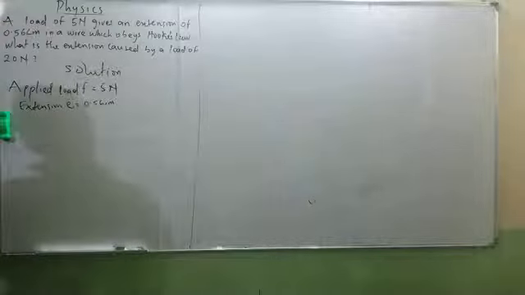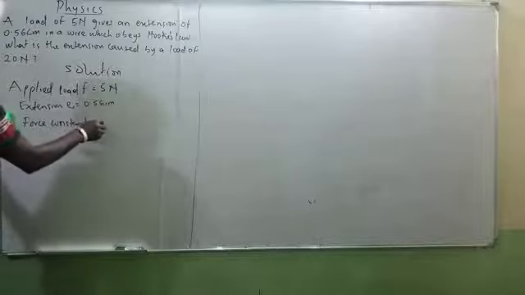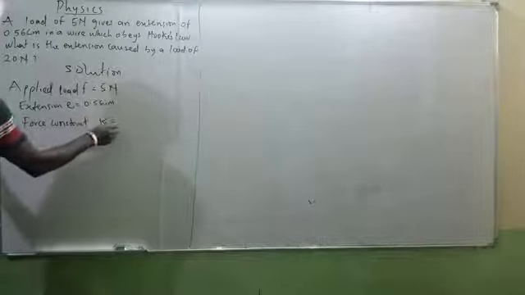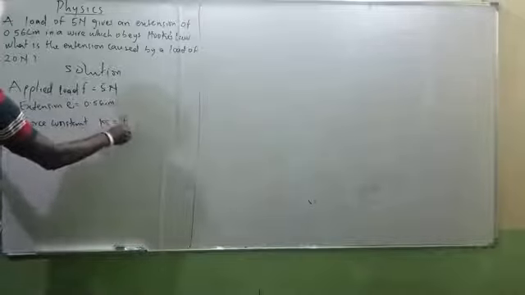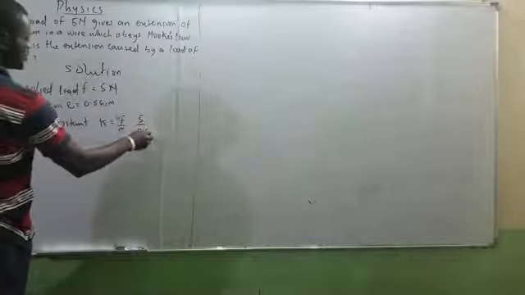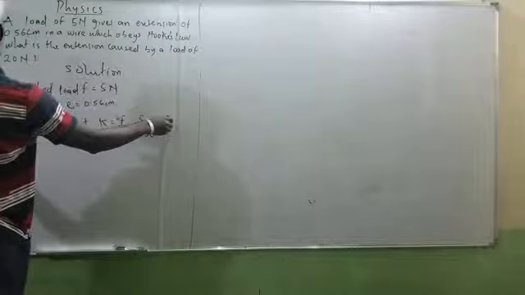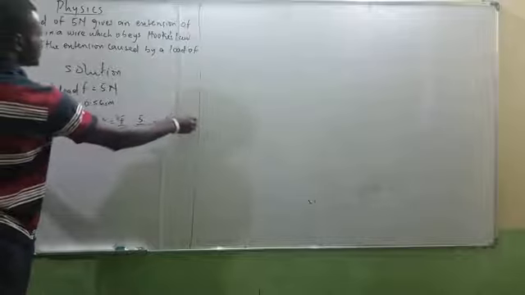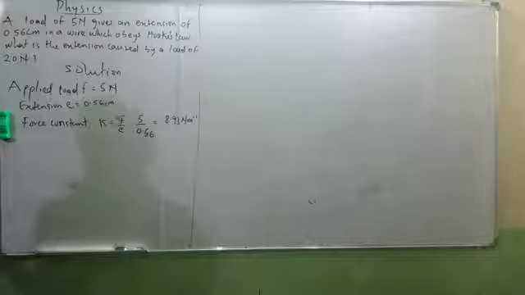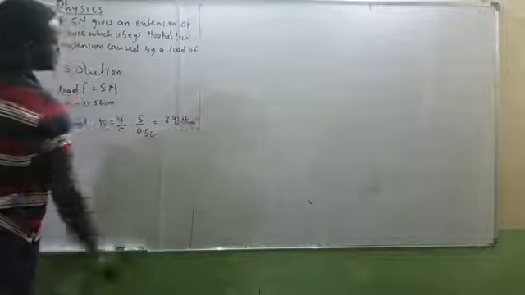And the force constant, which is also an important part, will be equal to F all over E, which is 5 all over 0.56, which will be equal to 8.93 Newton per meter. Sorry, I think this should be per centimeter, not per meter, because this is seen in centimeter.